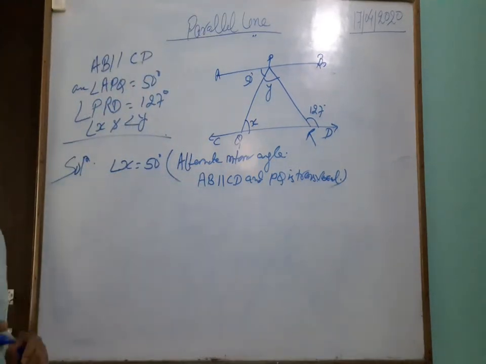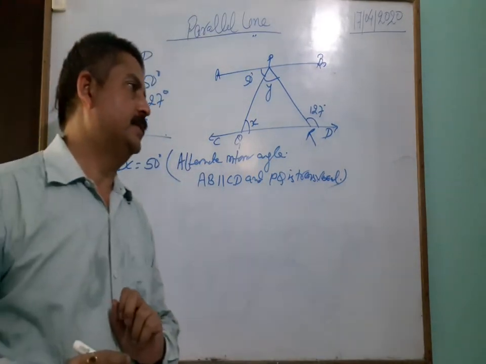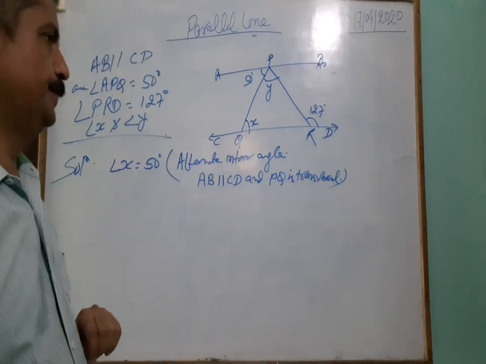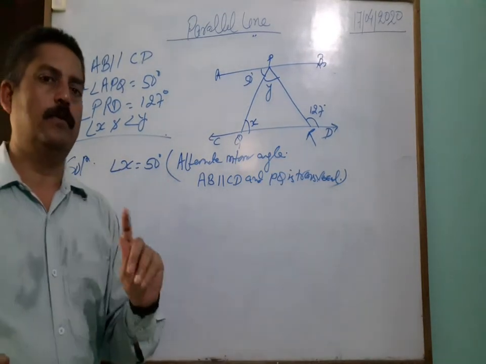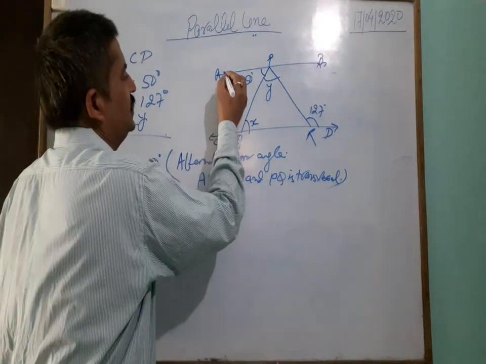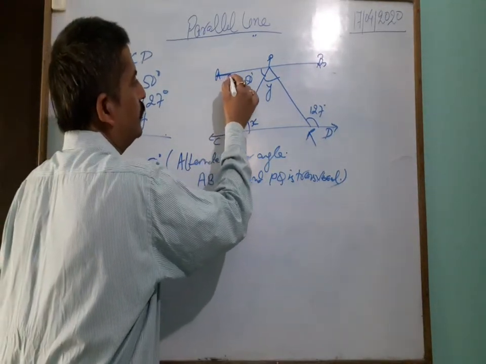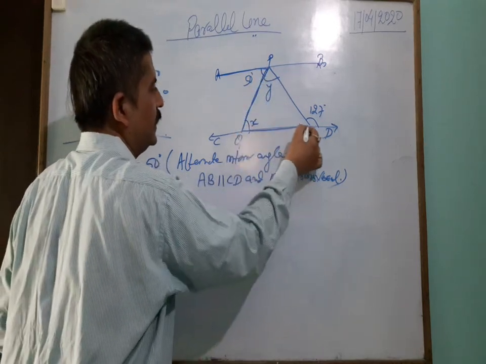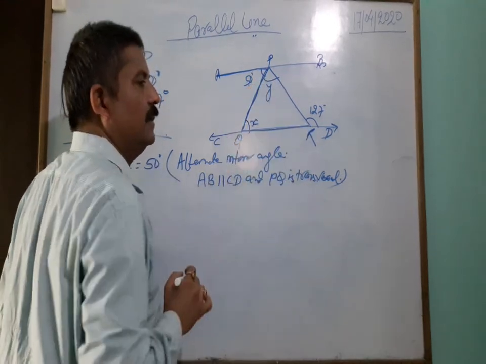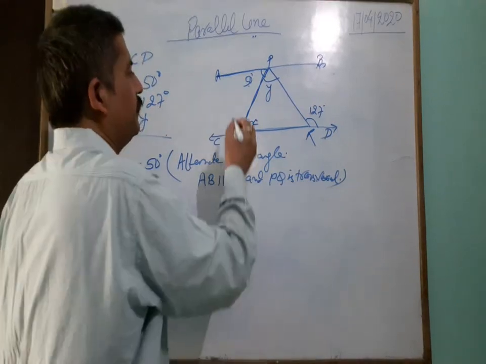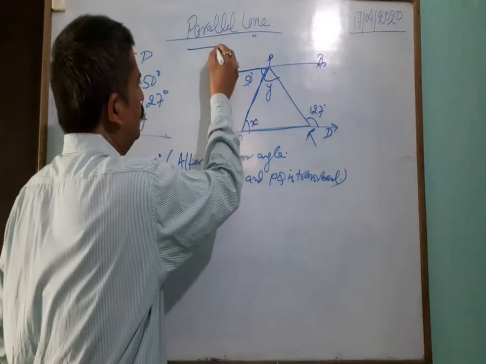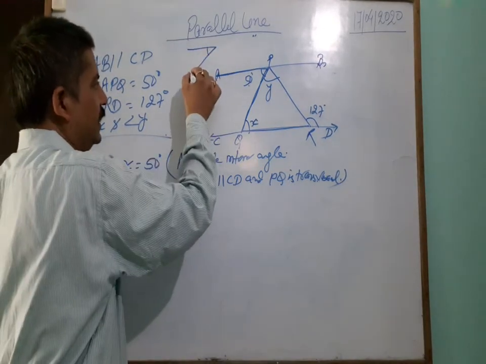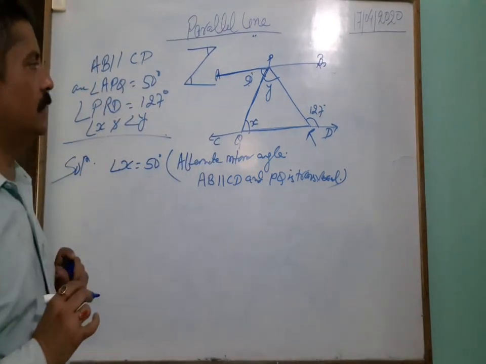One thing to remember: how to find whether any two angles are alternate. That is very common. You just find out if the two angles are alternate interior angles, where a Z is formed. That is the shape of the Z. That angle and that angle are alternate interior angles.